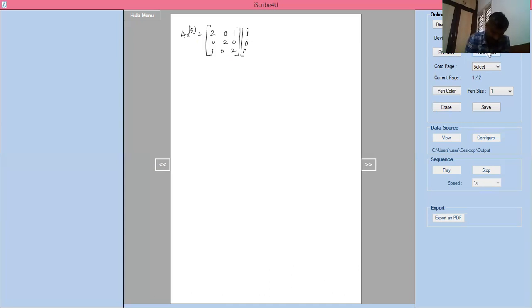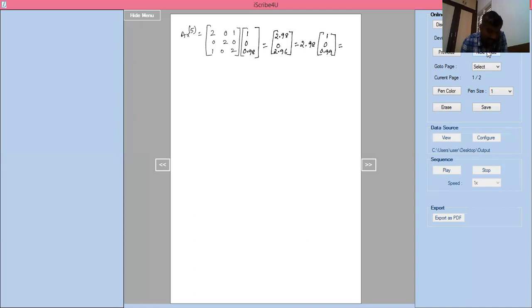If you simplify this, you will get 2.98, 0, 2.96. If you take 2.98 outside, 2.98 divided by 2.98 is 1, 0, and 2.96 divided by 2.98 is nothing but 0.99.